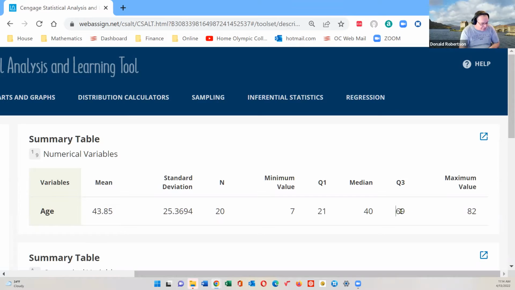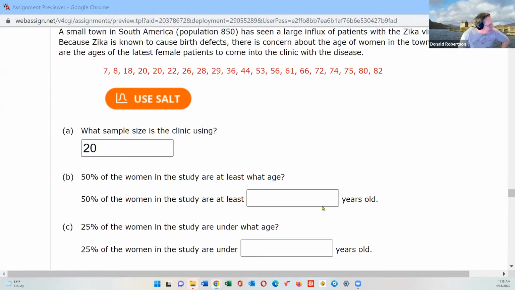If you go to the 69 years old, the Q3, at that age, aren't 25% of the people who caught this 69 or older, and the other 75% are 69 and younger? So that's those numbers. Although they're going to disappear, try and pretend you remember them.